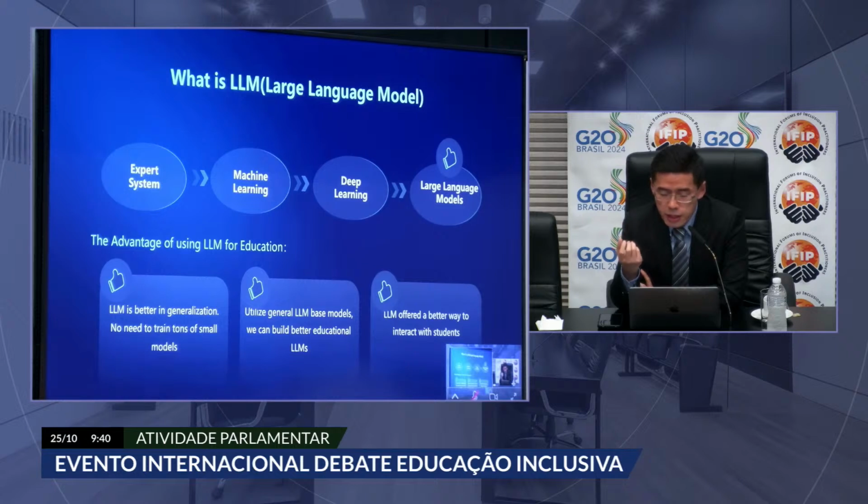So it can be much cleverer than the model that only has educational knowledge. Third, LLM offers a better way to interact, the chatbot, right? And is more robust in understanding the intention of students. Next.